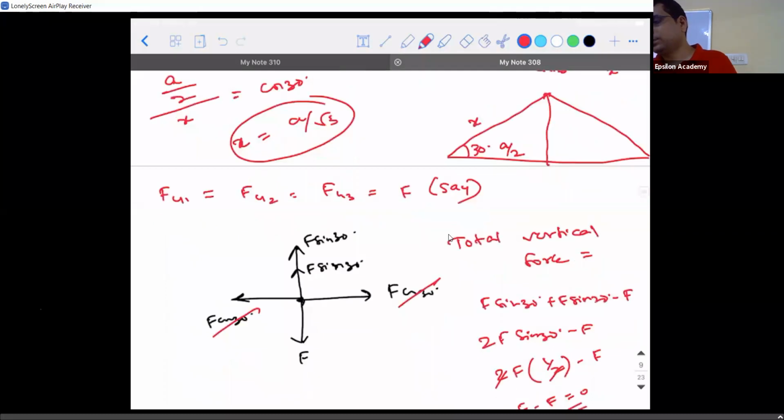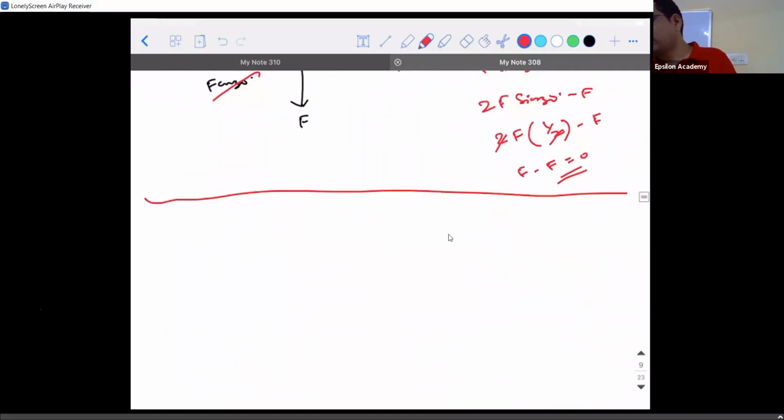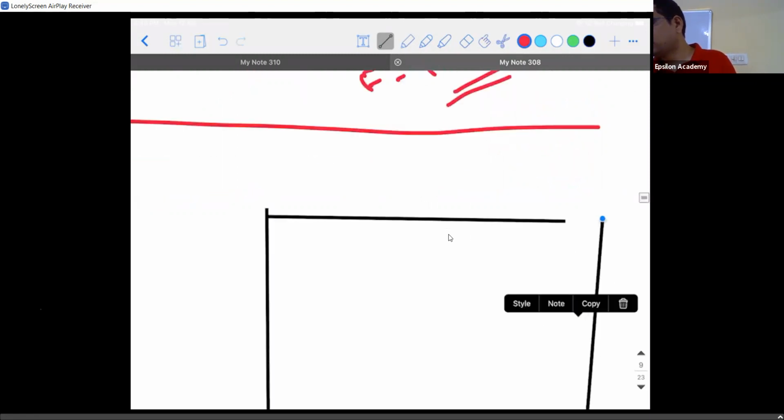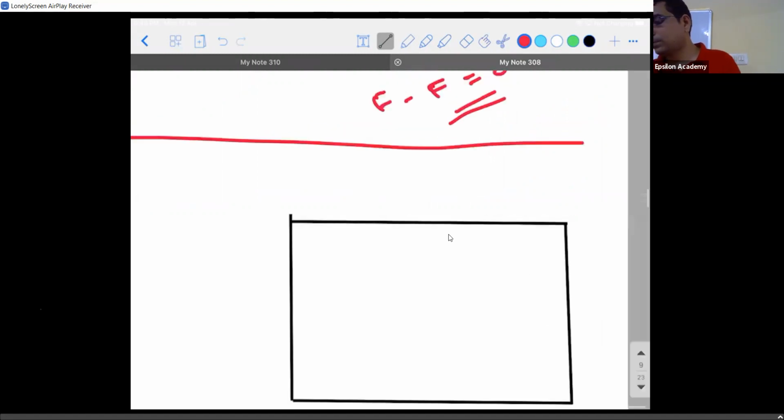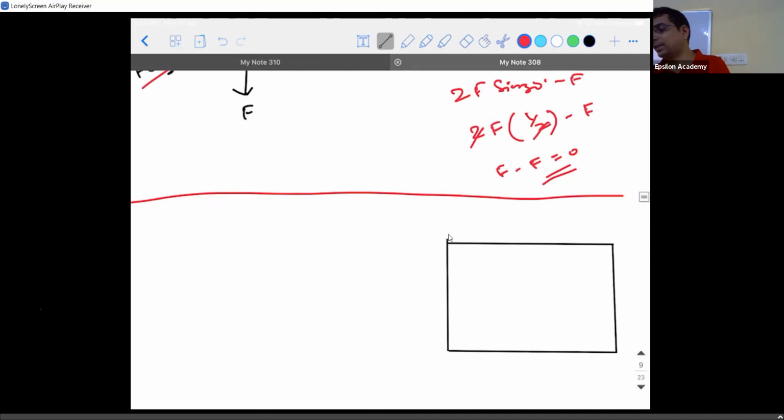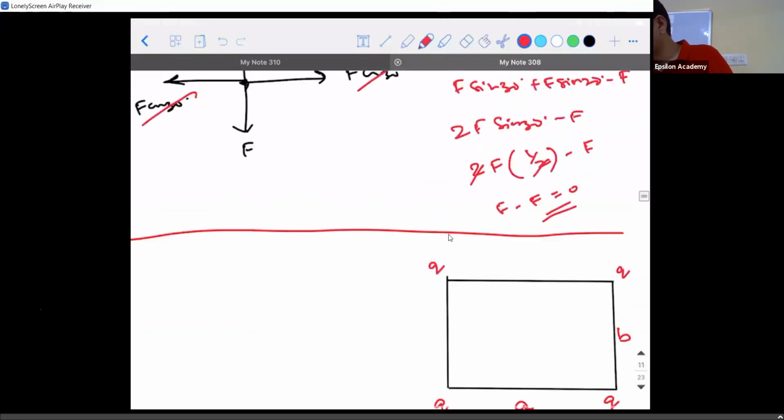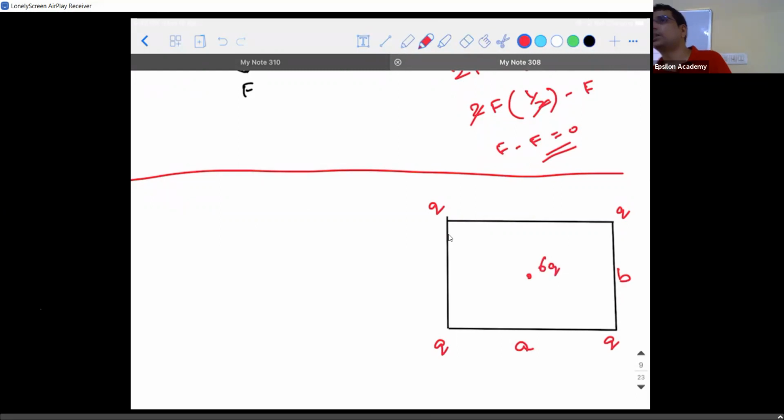Done? Now, if the question is asked like this, there are 4 charges placed at the vertices of a rectangle of sides A and B, and the charges which are placed at the vertices are Q. At the point of intersection of diagonals, there is a charge of magnitude 6Q that is placed.